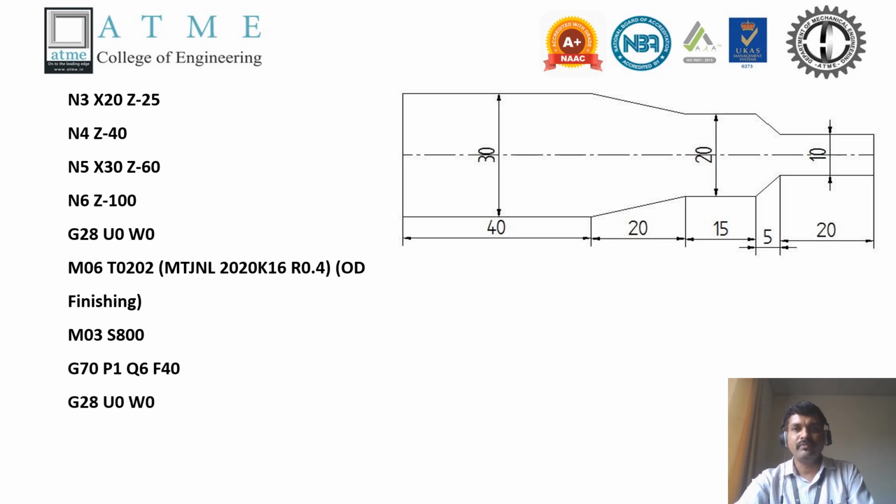Then go to home position after finishing. Then M05, the spindle stop, and M30, that is end of the program and rewind for the next block. So always the program will begin with the percentage symbol, and similarly end with the percentage symbol.